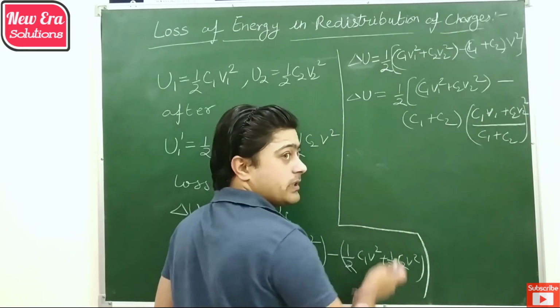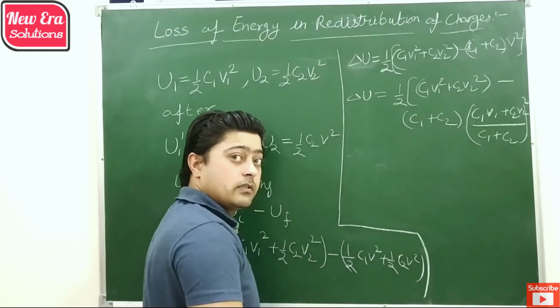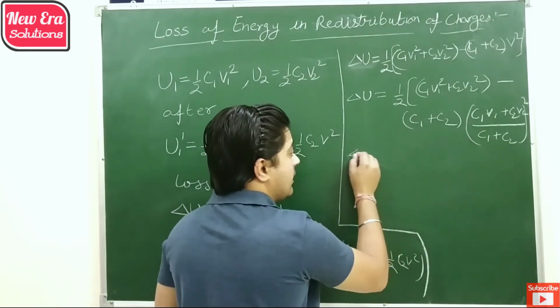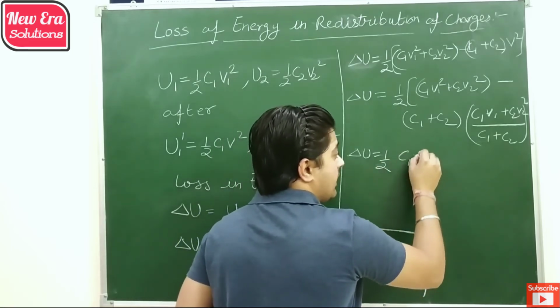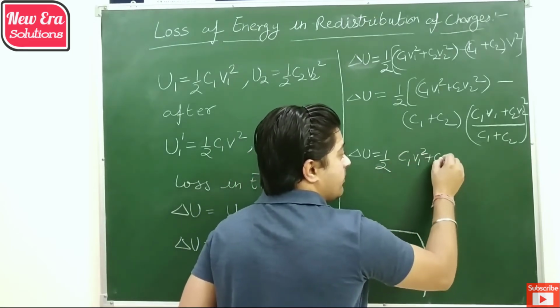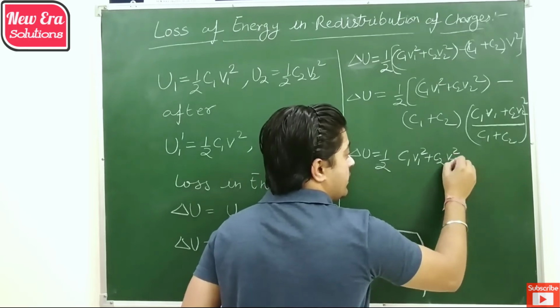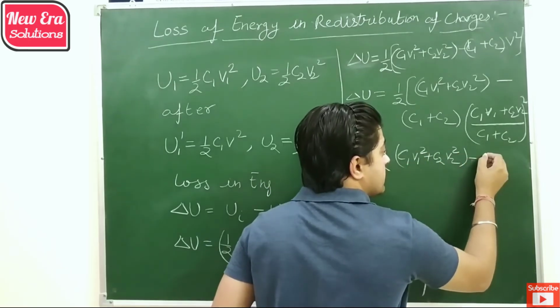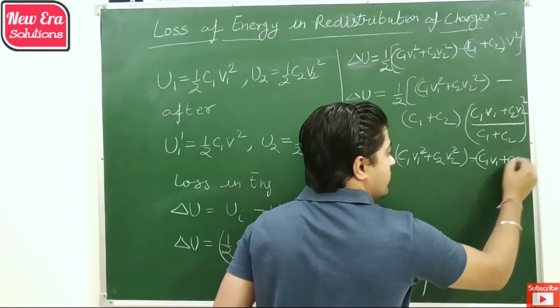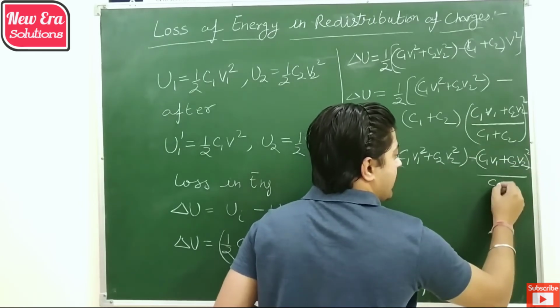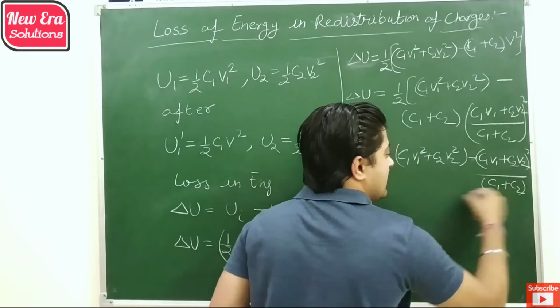So this term is C1 plus C2 and this term is C1 plus C2 whole square. So one is cancelled out, and further simplification gives half C1 V1 square plus C2 V2 square minus C1 V1 plus C2 V2 whole square divided by C1 plus C2.